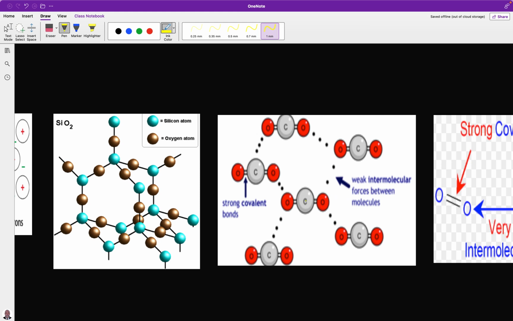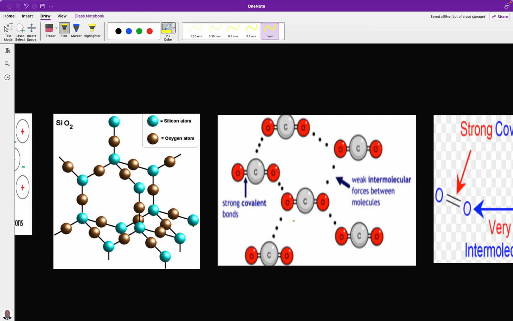Even though they have strong covalent bonds, the forces holding the molecules together, like holding chlorine molecules together, sulfur molecules together, phosphorus molecules together, we call weak intermolecular forces.